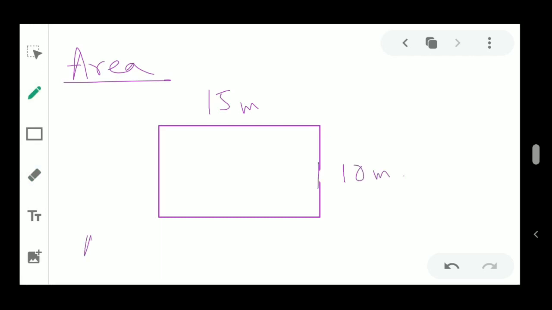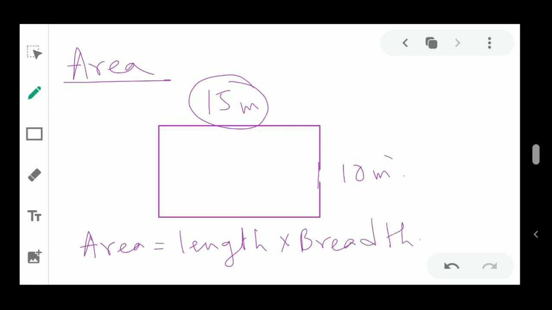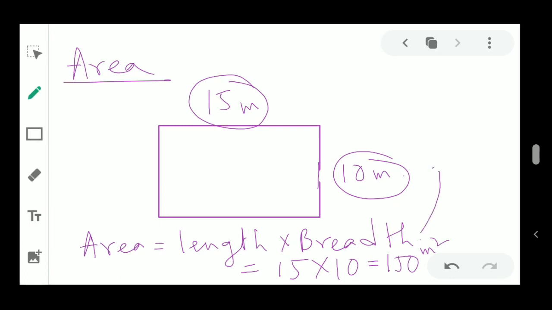So the formula for area is one length, that means one side length into breadth. So ultimately this will become 15 into 10, 150. The unit will be, because 2 meter are there, meter square. So it will be 150 meter square.